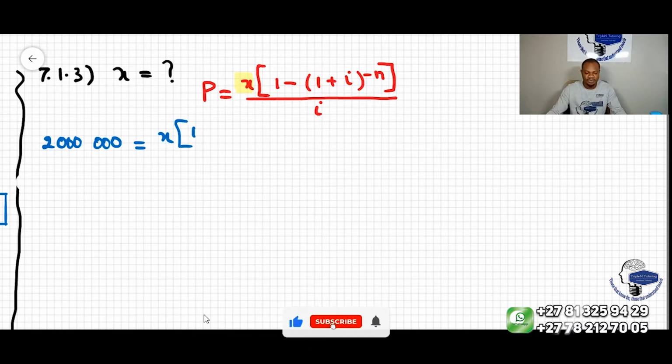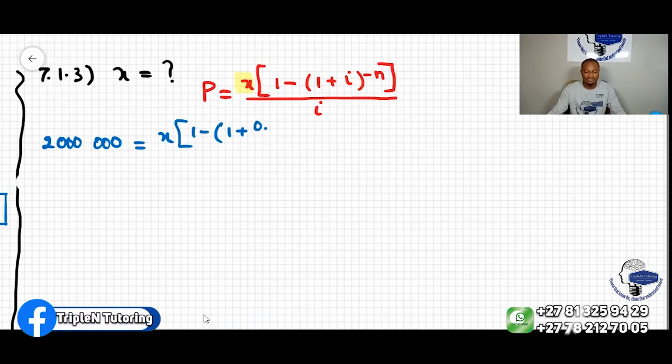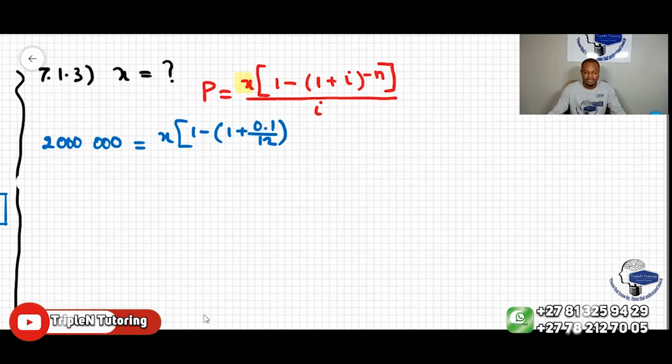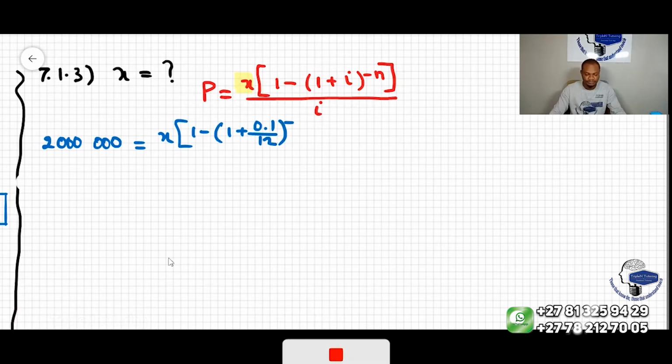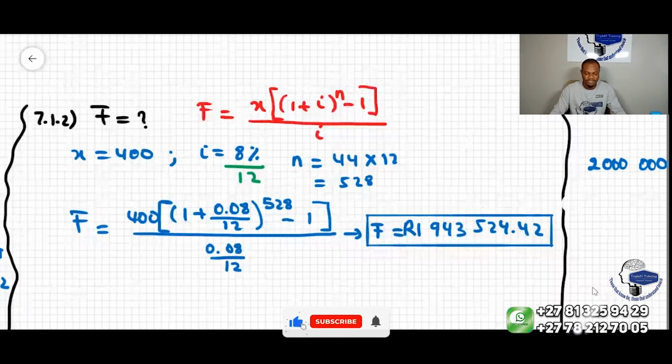So it's going to be 1 minus (1 plus i), where i is 10%, meaning 0.1 over 12, because it is compounded monthly, all to the power of negative n. What is n?